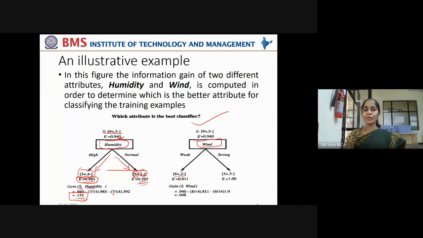Now how does the entropy have to be calculated? Can any one of you give the formula? Proportion of positive training examples and proportion of negative training examples: minus proportion of positive training examples here is 6 by 8 log 6 by 8, minus proportion of negative training examples 2 out of 8 training examples, log 2 by 8.